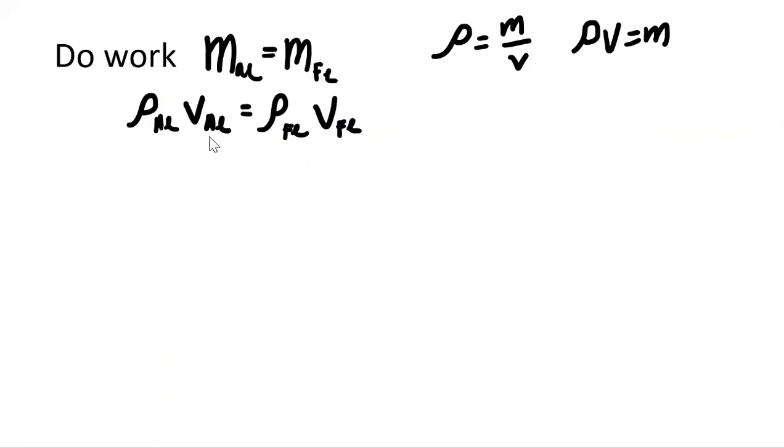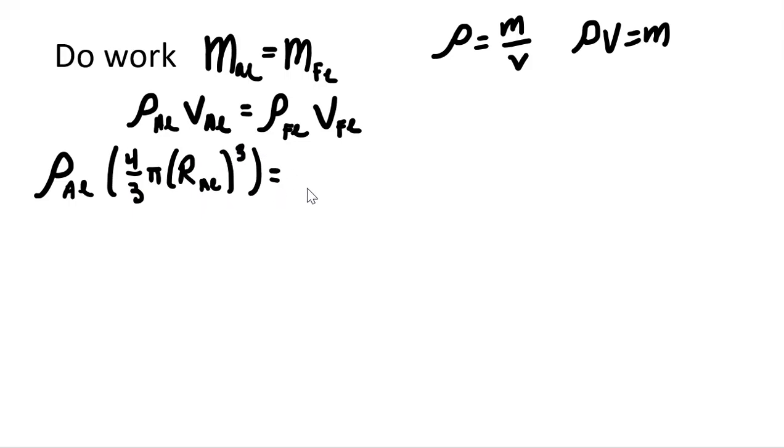Well, we know something about the volume. We know that the volume is going to be 4/3 pi r cubed. So let's go ahead and substitute that value in. So we have density of aluminum times 4/3 pi. The radius of aluminum we don't know, so we'll just write it in like this, cubed.